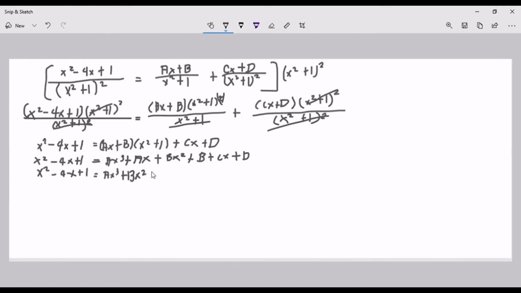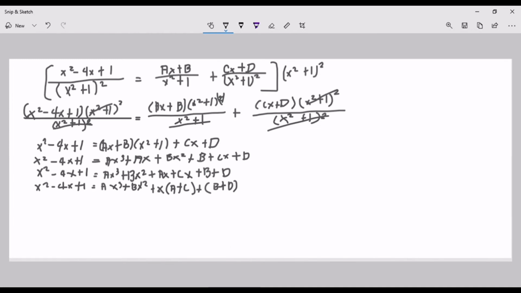That gives us ax cubed plus bx squared plus ax plus cx plus b plus d. Then let us factor out ax plus cx, so that would be x times the quantity of a plus c, plus the quantity of b plus d.